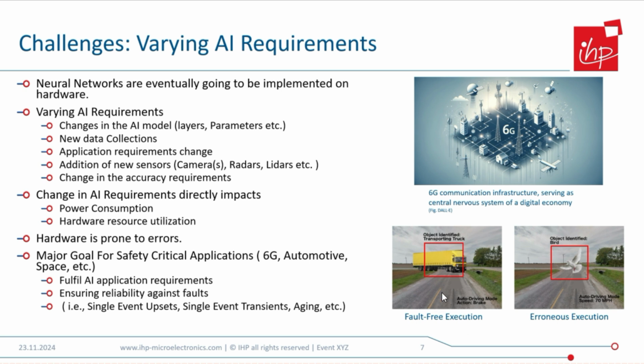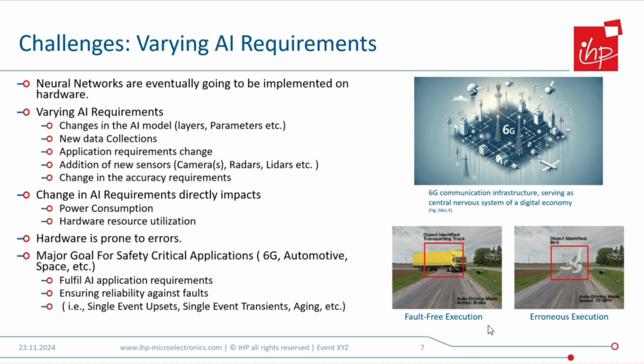In this scenario, the car will apply brakes because it is detecting a truck. In an erroneous execution, where the hardware is faulty due to either hard errors or soft errors, there is a misclassification. And in this case, brakes may not be applied. And this can lead to a huge loss for humanity and financial loss as well.